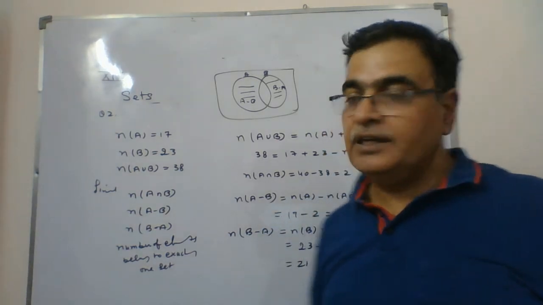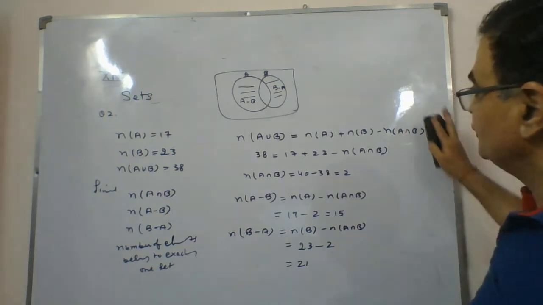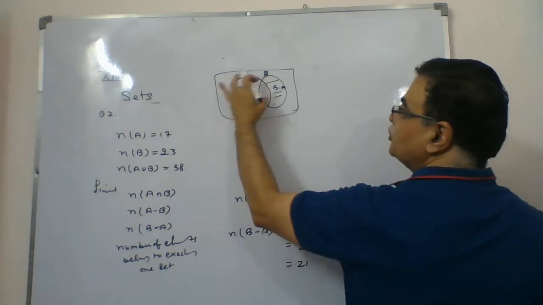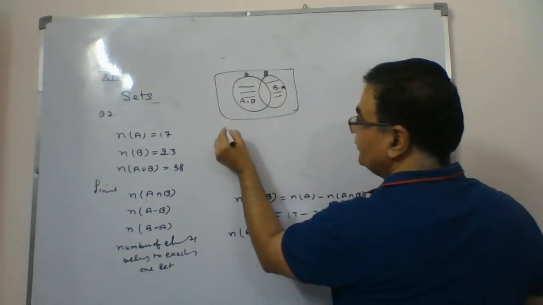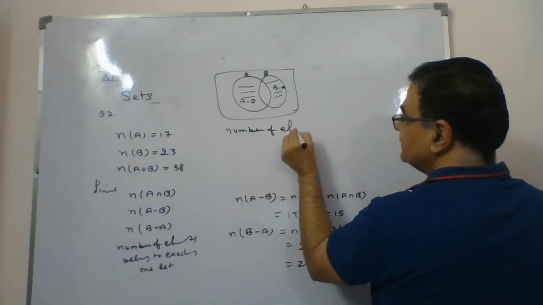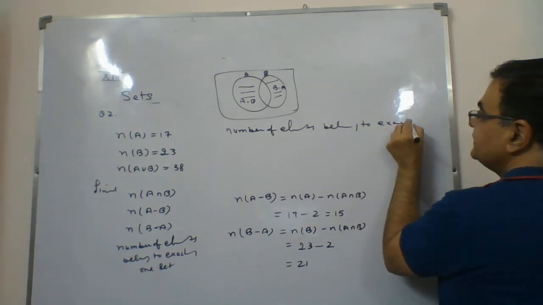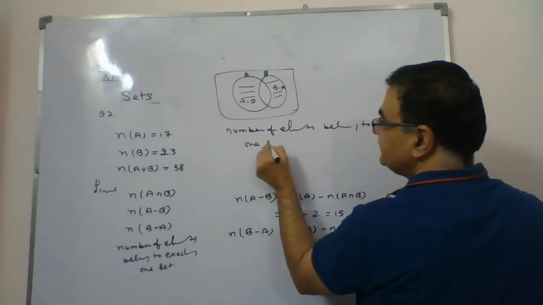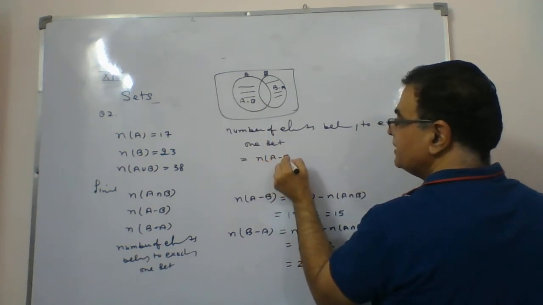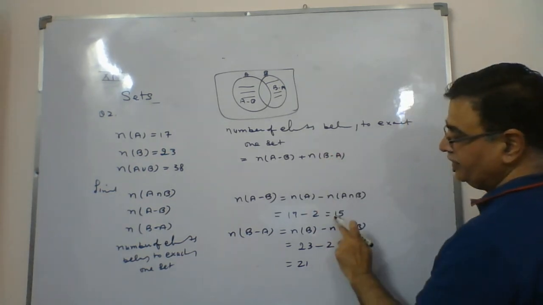Now they are asking exactly the number of elements belonging to exactly one set. So when they ask exactly one set, that means this portion and this portion. So we will say the number of elements belonging to exactly one set will be what? n(A minus B) plus n(B minus A), and this we have already calculated in the question.